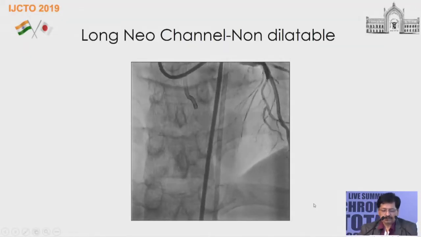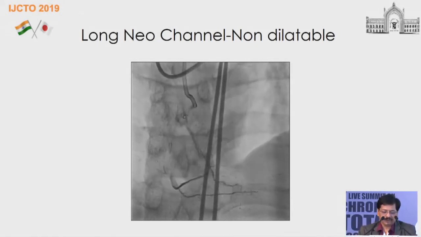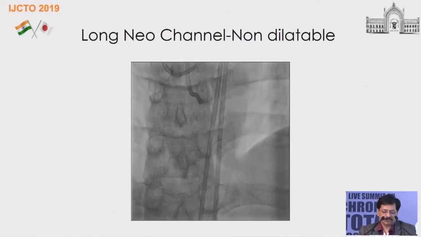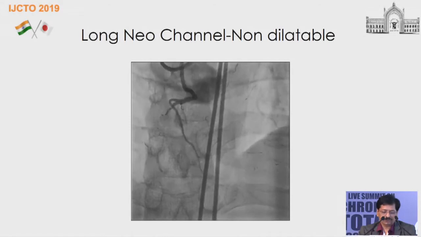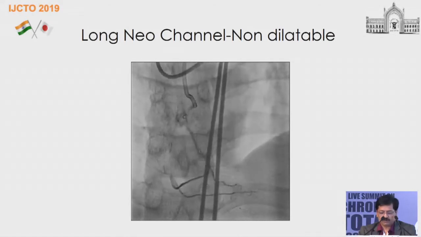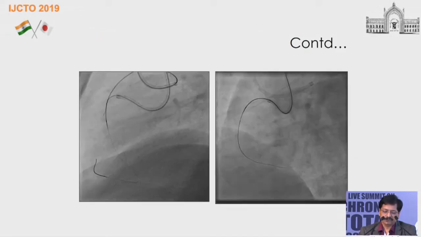In some types of cases you see a long clear channel, we cross it with the wire, we have done everything, but balloon crossing is not possible. So non-dilatable lesions, even Tornus, nothing is able to pass. We have to do rota or laser, but unless you pass a wire, it is very difficult.